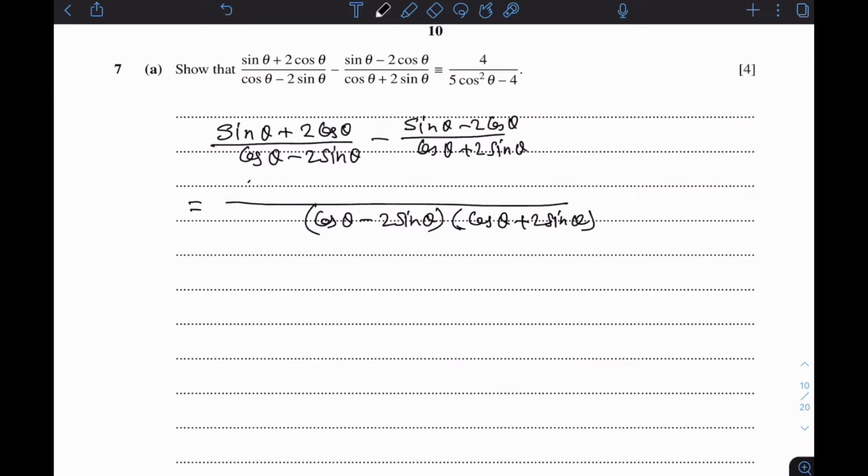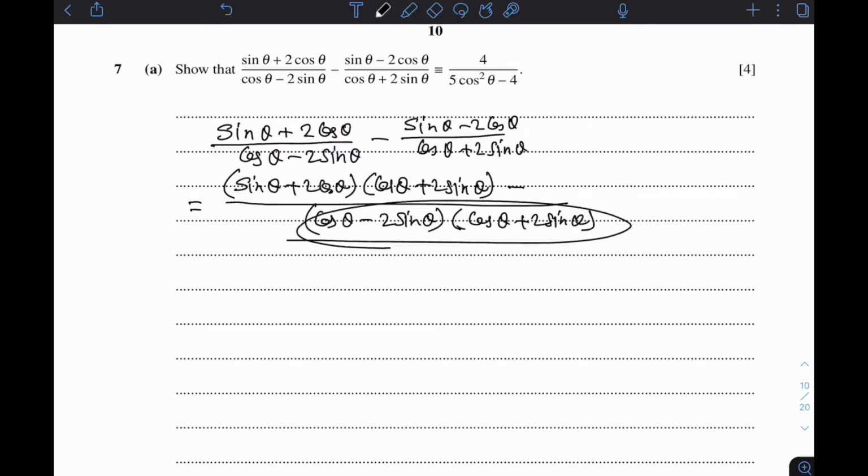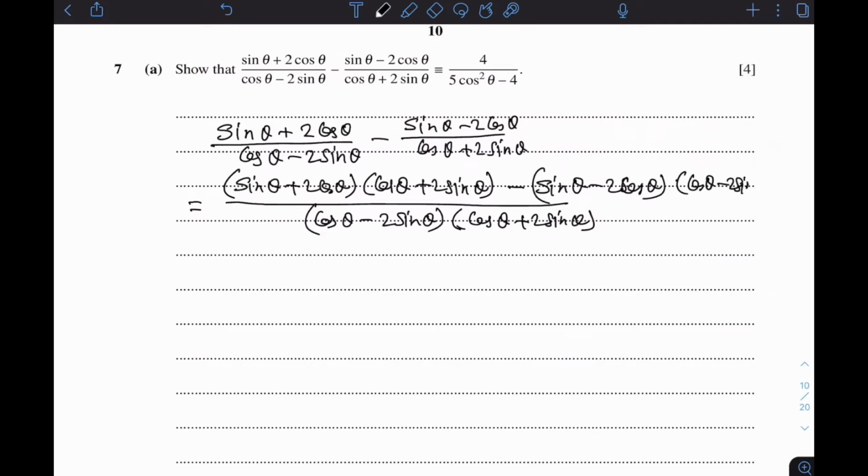So we can write (sin θ + 2 cos θ) into (cos θ + 2 sin θ) minus, in the same way, if we divide this one by that one, we are having this part. So we can write (sin θ − 2 cos θ) times (cos θ − 2 sin θ).